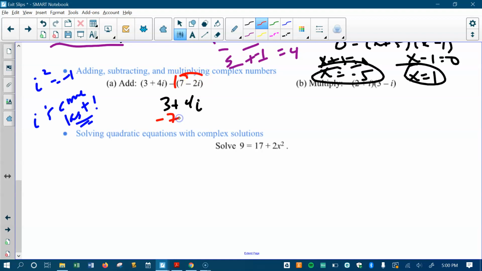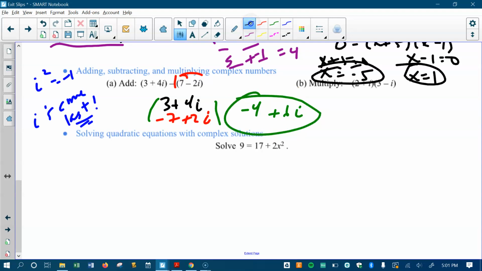We get a minus 7, and we get a positive 2i when we do that. Because I took the negative 1 and multiplied by 7 to get negative 7, and I took the negative 1 and multiplied by negative 2i to get a positive 2i. And then I add, I get 3 and a minus 7. So 3 and minus 7, those are going to be a negative 4. And then 4i and 2i, that's going to get me a positive 6i.